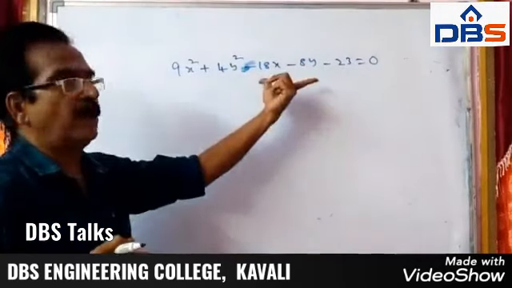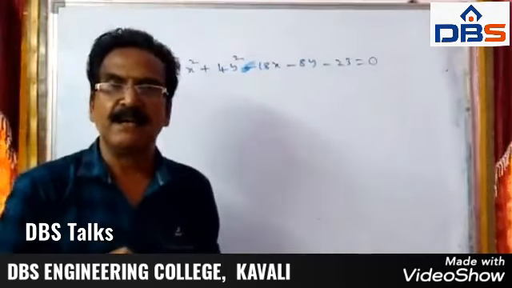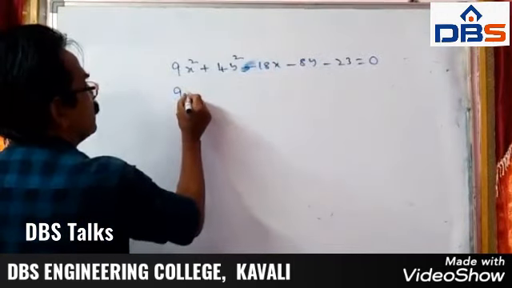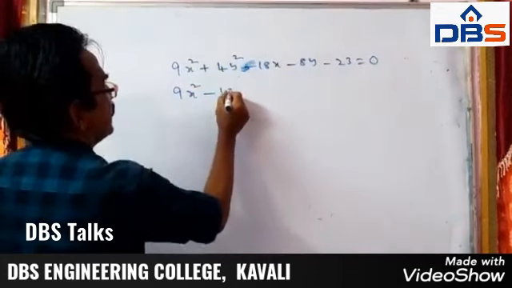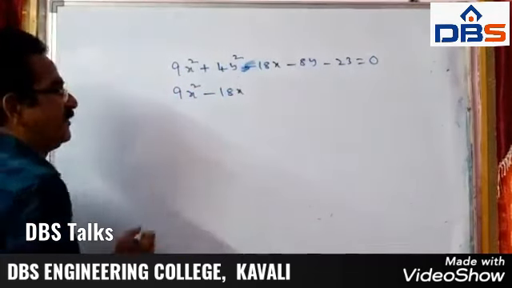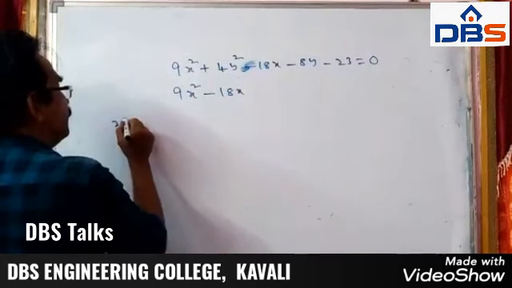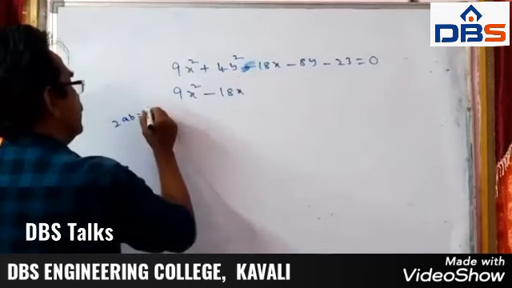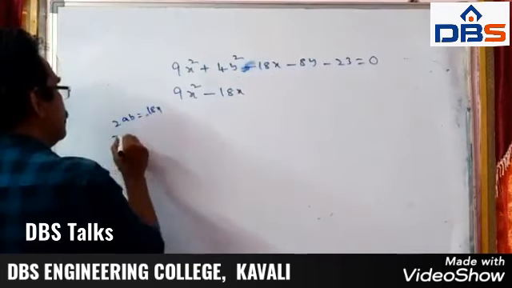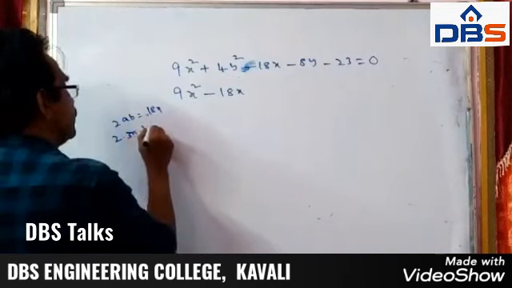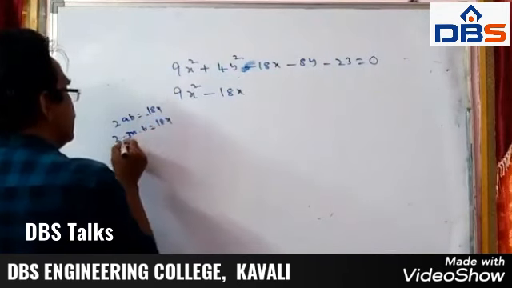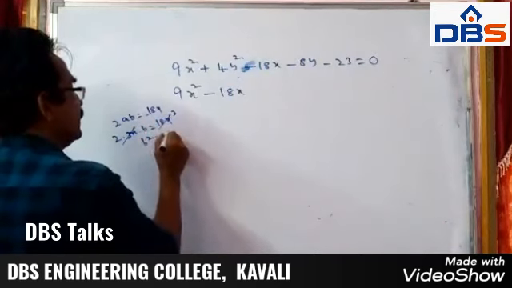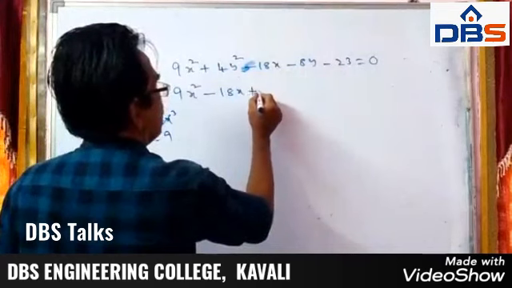Okay friends, first we have to reduce this equation to the standard form. For 9x square minus 18x, what is to be added? Here 2ab is equal to 18x: 2 into 3x into b is equal to 18x, so b is equal to 3, b square is equal to 9. So we add 9.